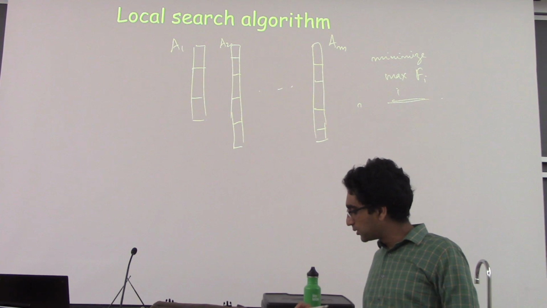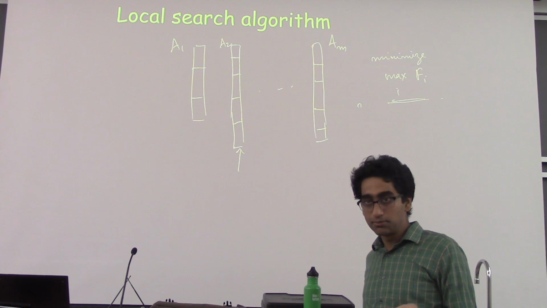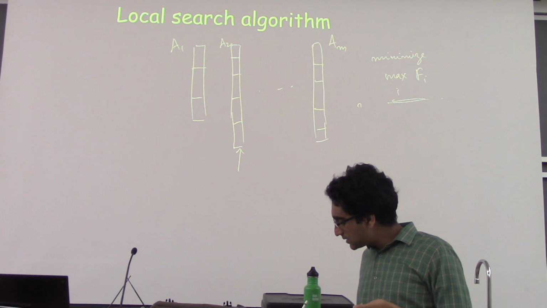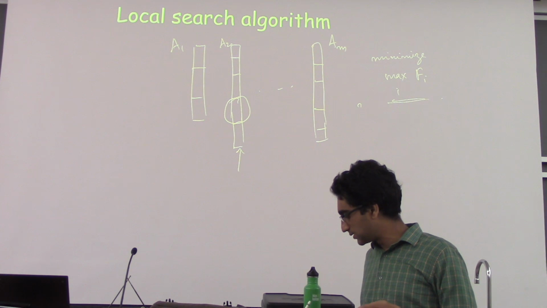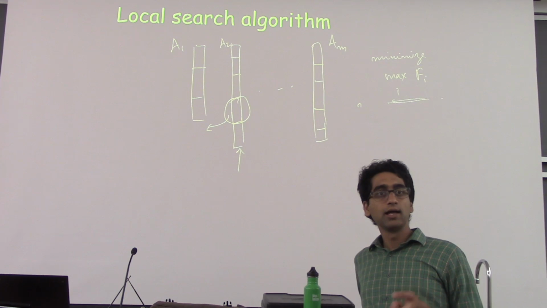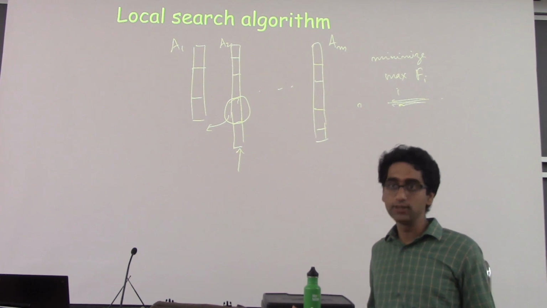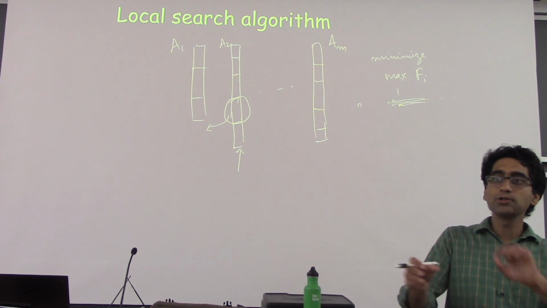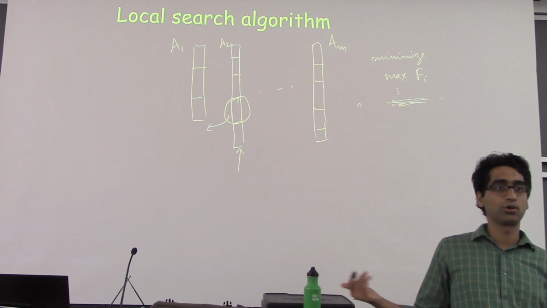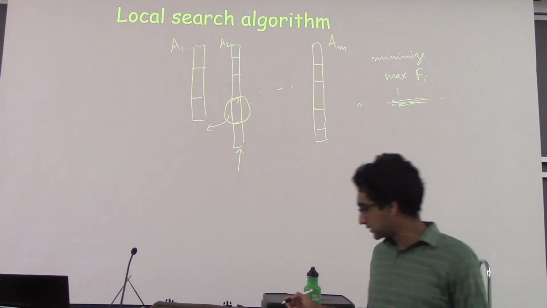So maybe what you want to do is, okay, I look at the most loaded machine and I try to move one of the jobs that's assigned to it to a different machine. Okay. And if this maximum reduces in this process, then I do it. And if there's no such move possible, then I just say, oh, okay, this is the best I can do. So it's an actual local search algorithm.